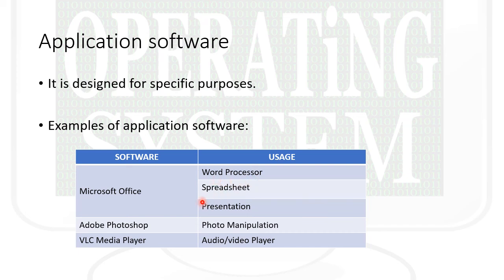Then MS Excel is only used for making spreadsheets, and PowerPoint is exclusively used for presentations. Then coming to Adobe Photoshop, used for photo manipulation, and VLC media player can only be used as an audio or video player. So all these are examples of application software.